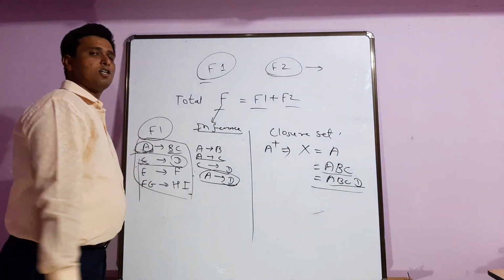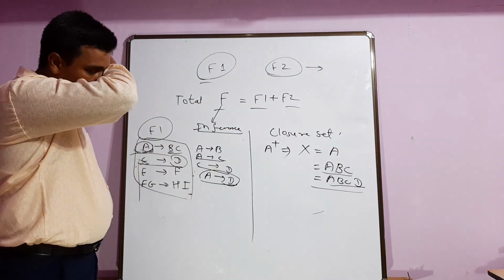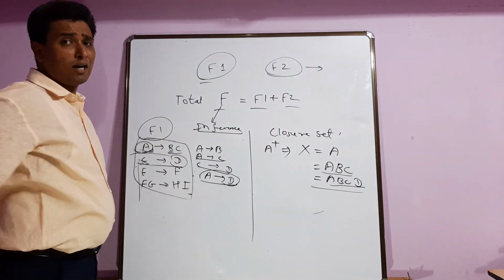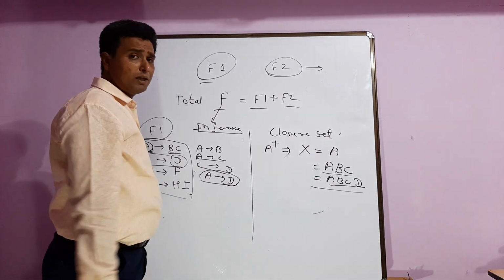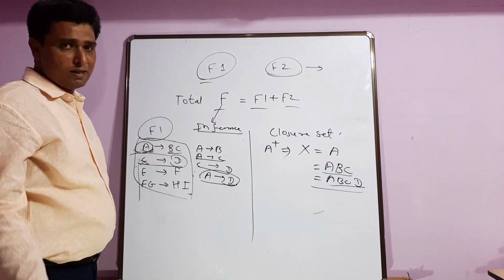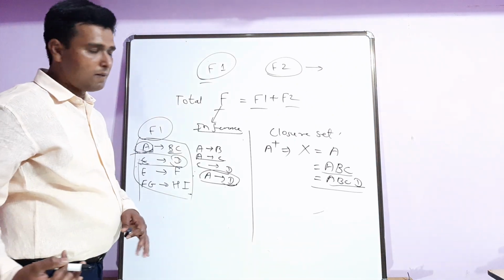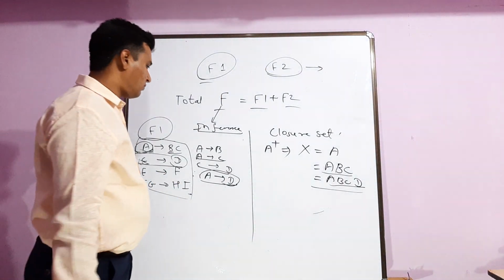So this is what the closure set of attributes is. This is a very important technique to find out the functional dependencies or the candidate key and primary key from the table, because I'm going to explain how to find out the candidate key as well as the primary key using the closure set. That is a very famous technique.